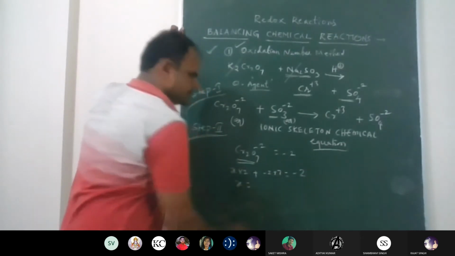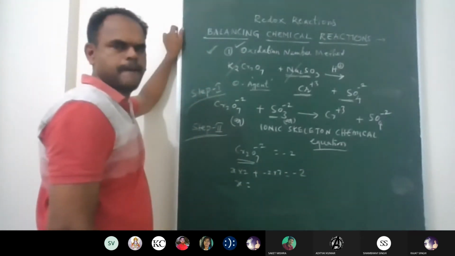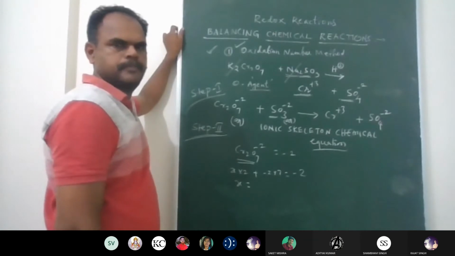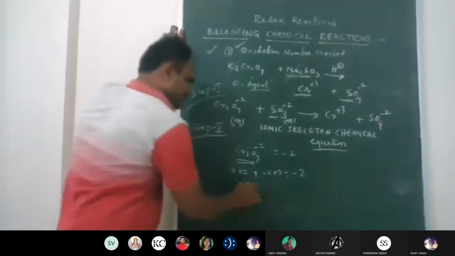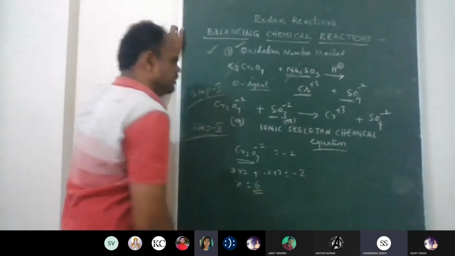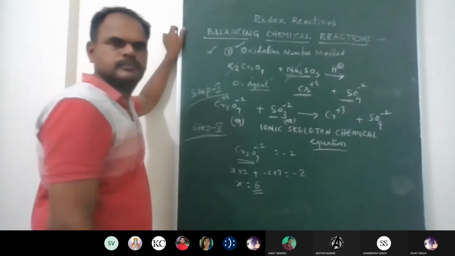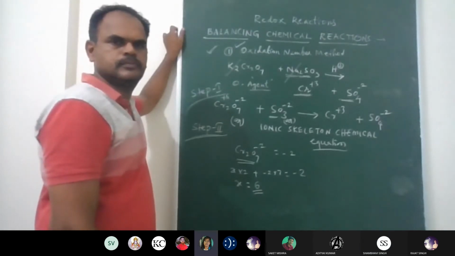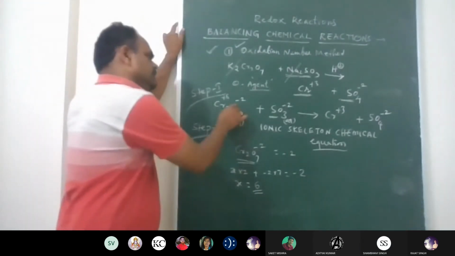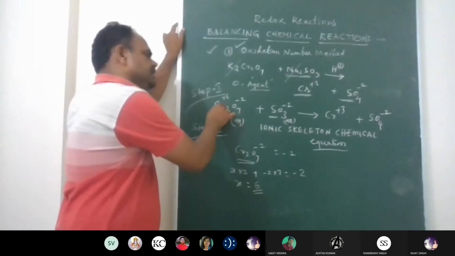What will be the X value? Plus 6. So the chromium oxidation state is plus 6. Yes, sir. So oxygen is minus 2, chromium is plus 6.